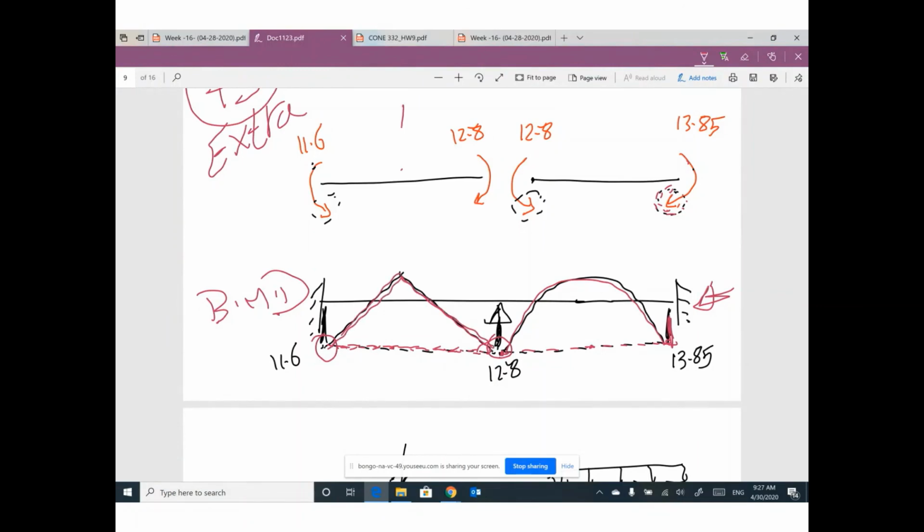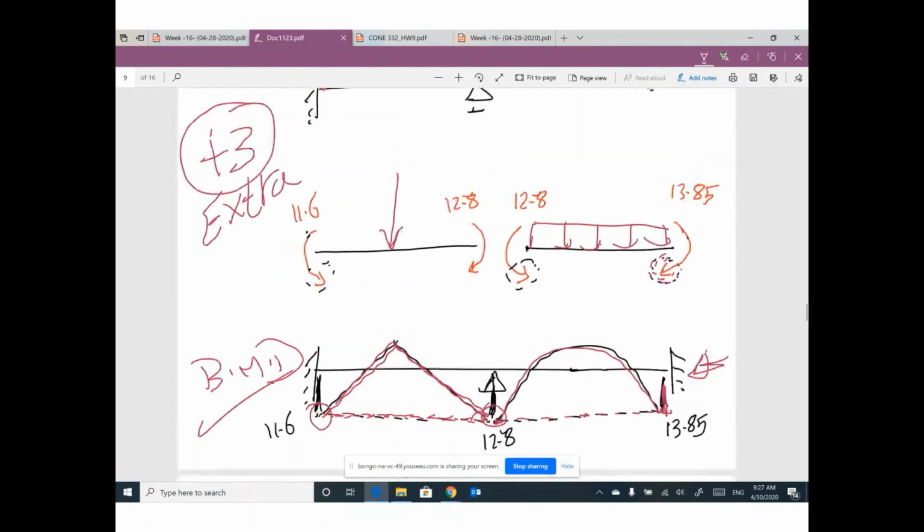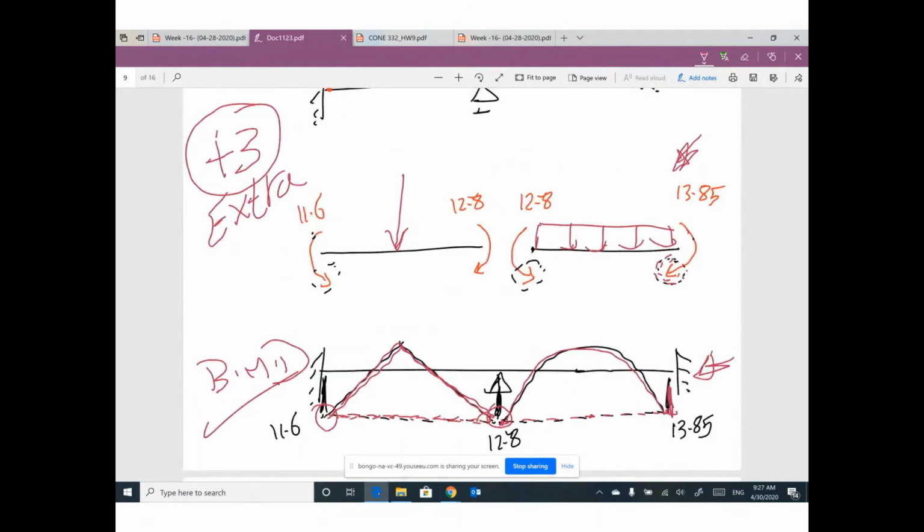Here we have concentrated load, so we have triangle. Here we have distributed load, so we have parabola. Once you did this, here is your final bending moment diagram. If you did this shape and this shape, I can give you extra 3 points in the exam.